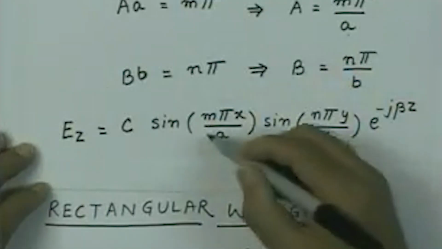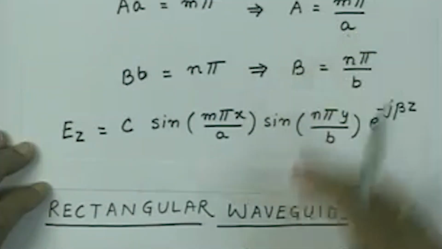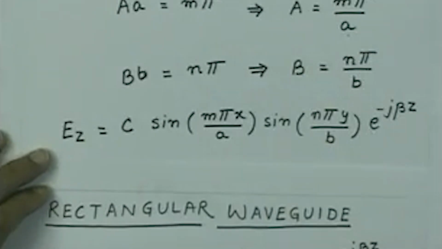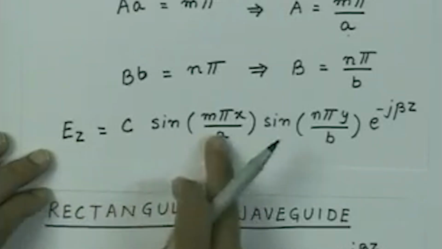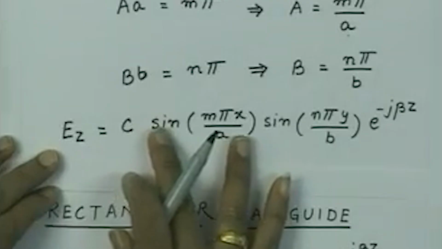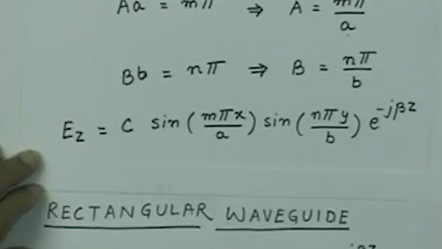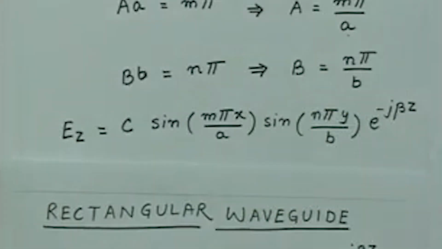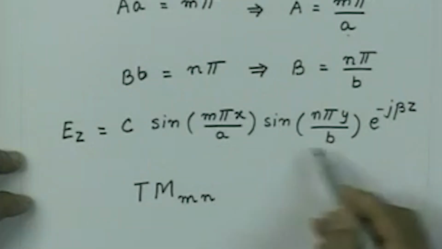And as we can see, in the limit when a or b tends to infinity, this waveguide will become a parallel plane waveguide, and the expression which we had for Ez, or for that matter we will see later for Hz, is identical to the expression for the electric field in the parallel plane waveguide. So, this field expression can be reduced to the parallel plane waveguide by properly substituting either a equal to infinity or b equal to infinity.